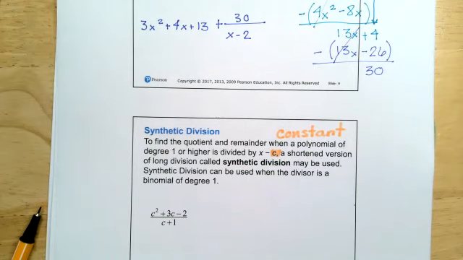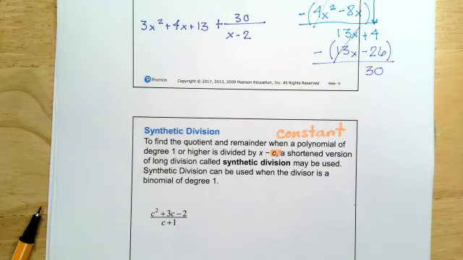A shortened version of long division is called synthetic division, and it may be used. Synthetic division can be used when the divisor is a binomial of degree 1. Okay? So here I have 1c squared plus 3c minus 2 divided by c plus 1.